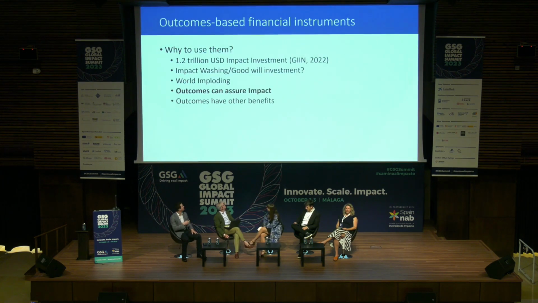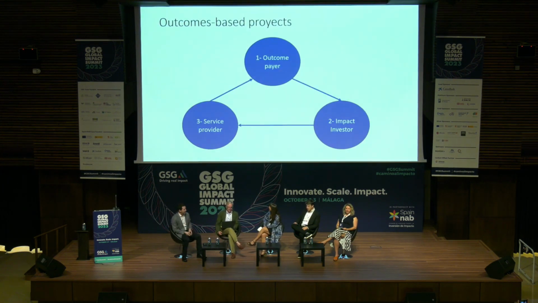But for the ones that are beginners, this model is quite simple on paper. At the beginning, you need an outcome payer that most of the time is government, but can also be companies, NGOs, philanthropists. What they have in common is that they want to pay just for impact, and not for other things.